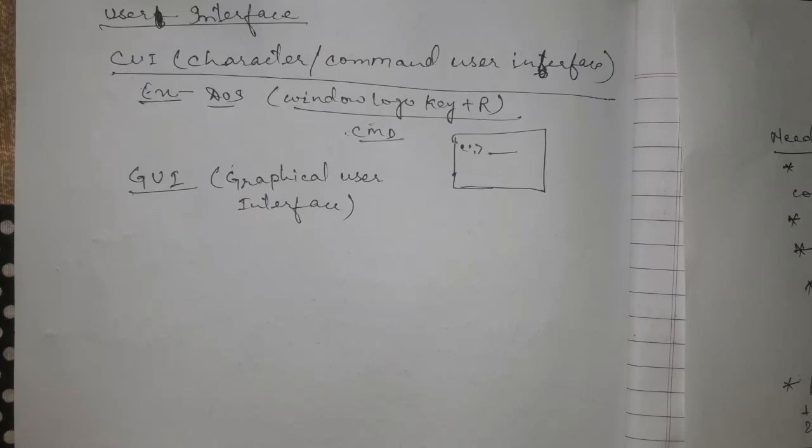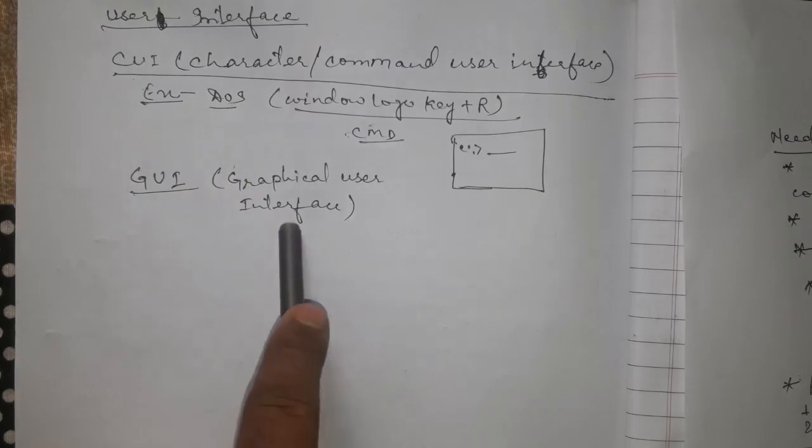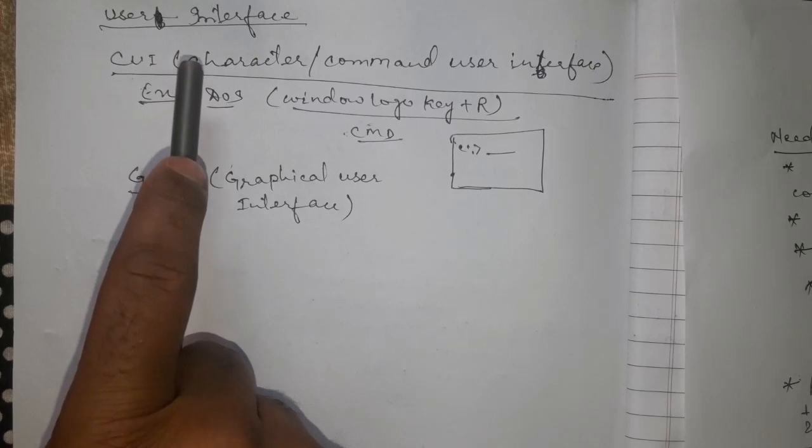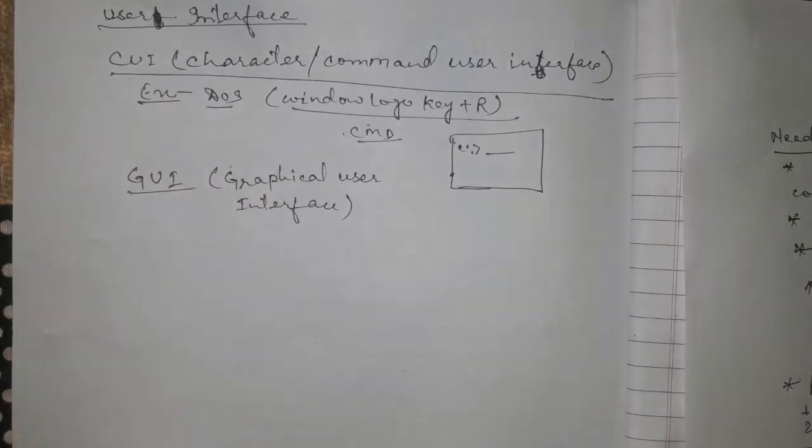Another difference is that in GUI you can run multiple tasks at the same time, but in CUI you cannot run multiple tasks at one particular time. Only one function or one process is carried out at one time in command user interface.